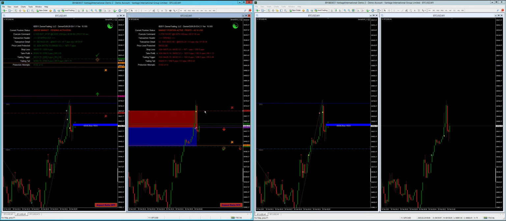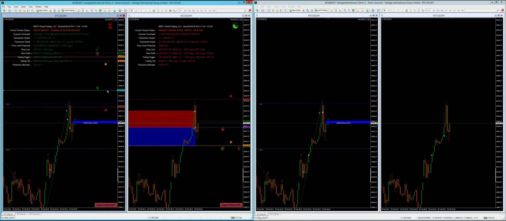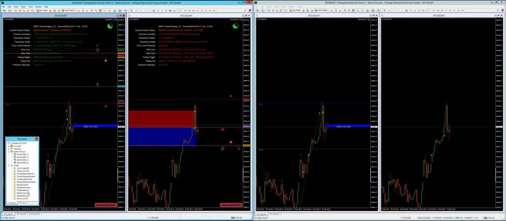Wow. Raising the stop loss here a little bit further up because there is too much volatility and I don't want to be caught in a sideways market in a zigzag.